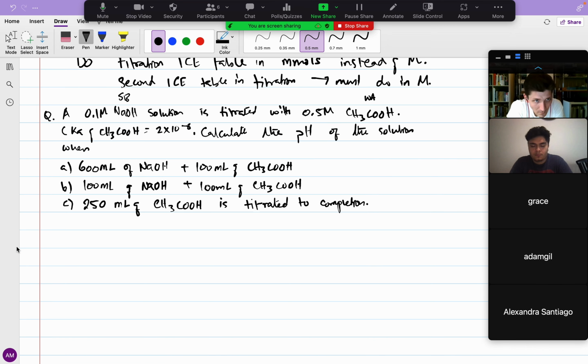All right, so let's start with the first one. So we have NaOH reacting with CH3COOH to form. Can someone tell me what the salt here would look like?